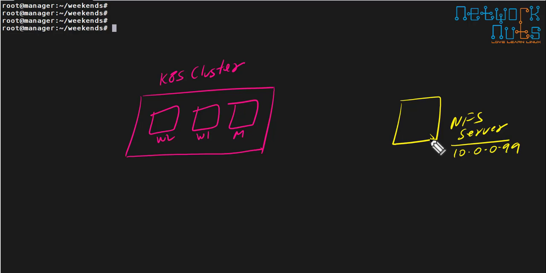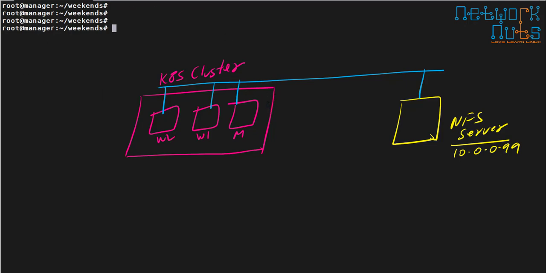Obviously they are connected with each other, so connectivity is not a problem. But this NFS server is not a part of the cluster. That we need to understand. It is on the network but not a part of the cluster. So this is the scenario.